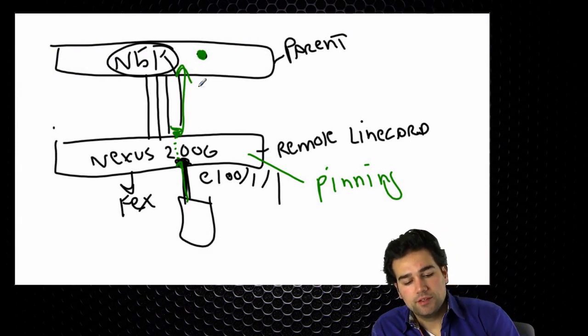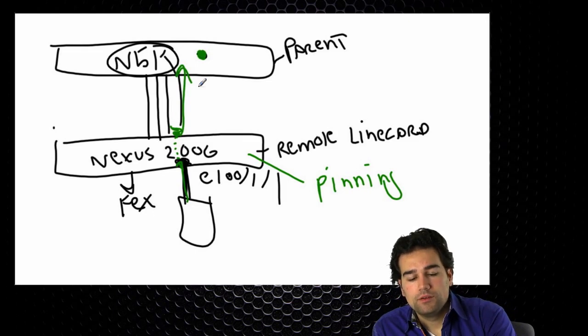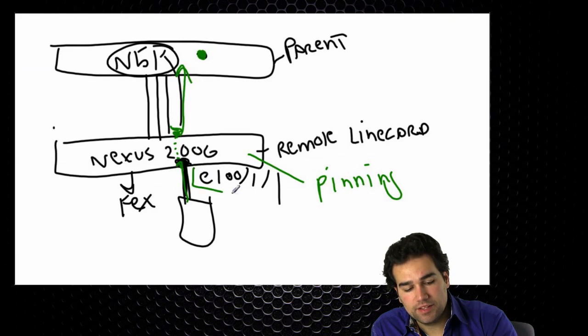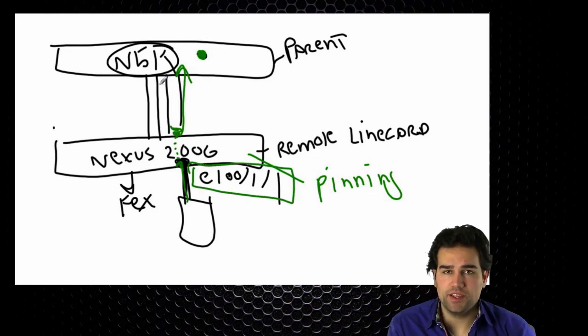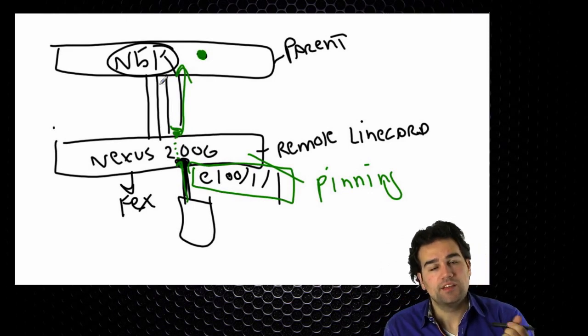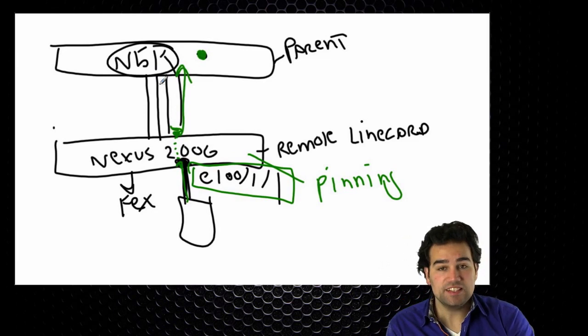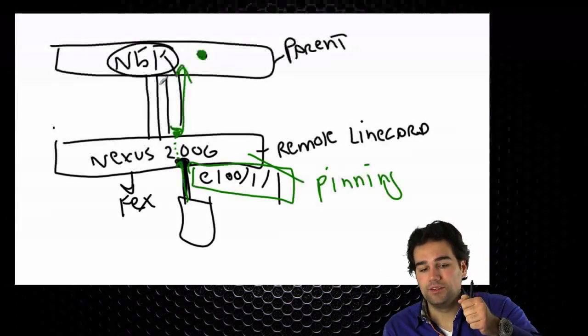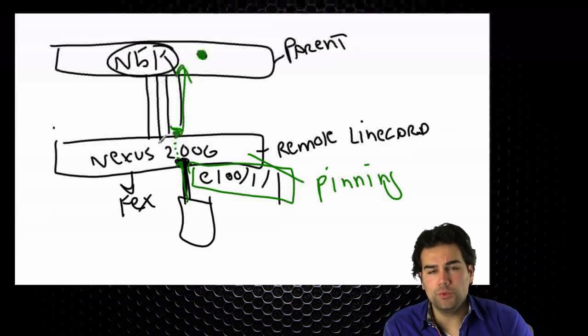But the next part, how does the Nexus 5K know what this packet is? So I say the packet came from 100/1/1, but how will the Nexus 5K know that it came from port 100/1/1? It sees the traffic, it sees the Ethernet packet, but I only forwarded the traffic here. I did not do any lookups or anything.